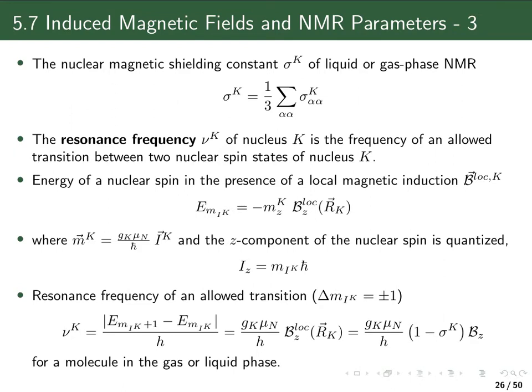Now, from this expression, one might believe that if one measures the resonance frequency and, of course, knows the external magnetic field of the spectrometer, then one easily could get the absolute shielding constant.